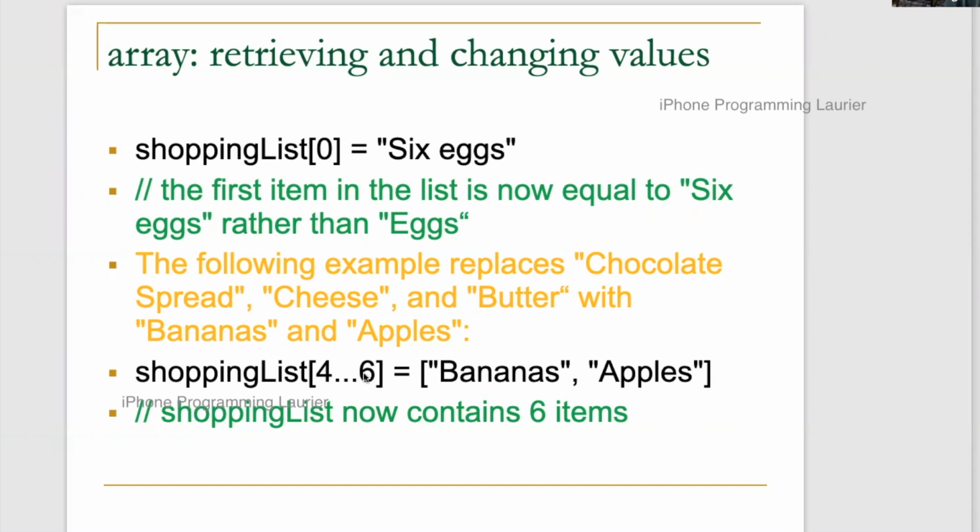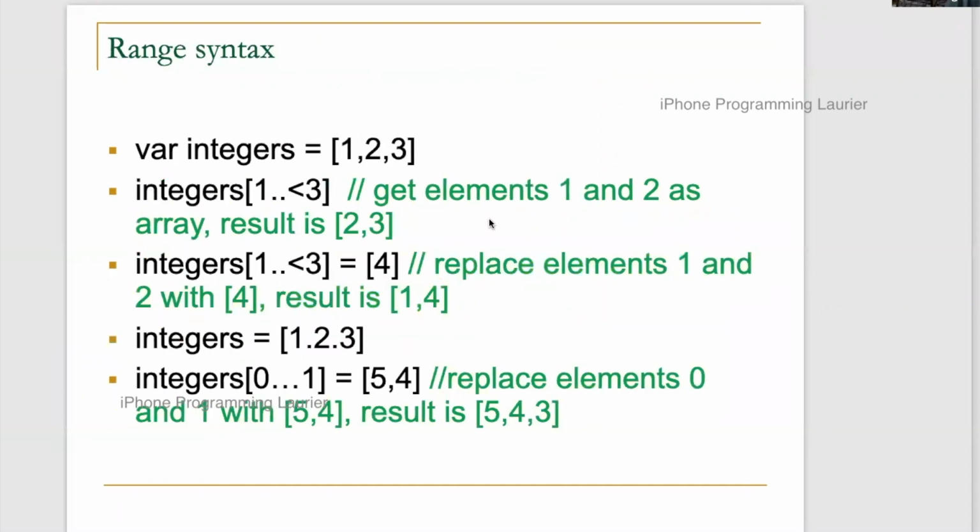And actually here there are three elements, 4, 5, and 6, and we are replacing them with two elements. So if you started out with 7 elements, now you have 6 elements. So for the range, when I write the array name with indices using dot dot less than, it means I want to get the elements from 1 to anything less than 3, which is 1 and 2.